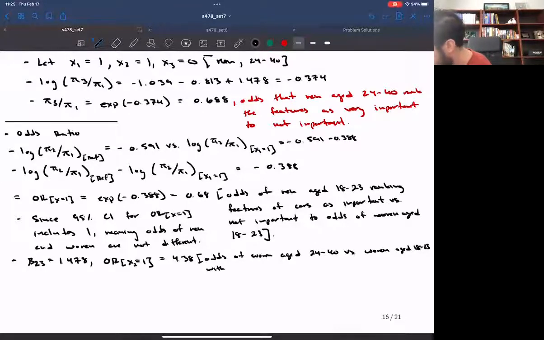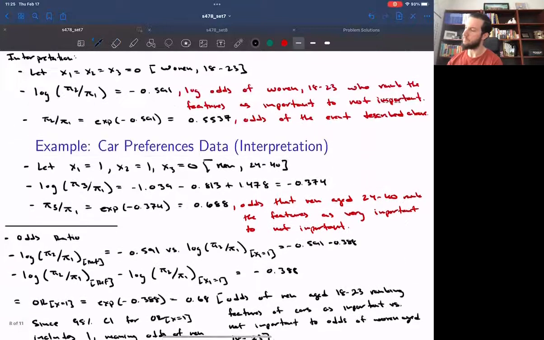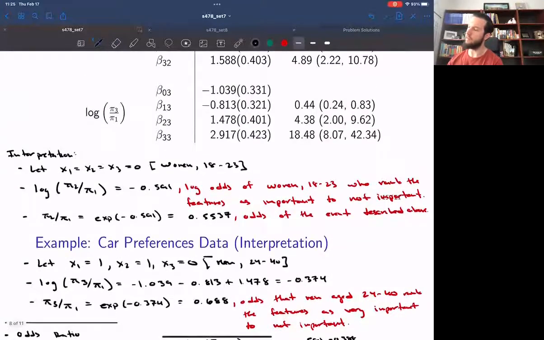With respect to very important versus not important. And in this particular case, you can see that the CI does not contain 1.